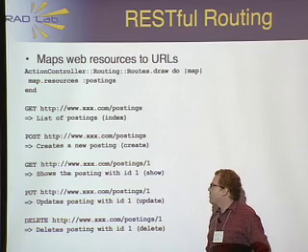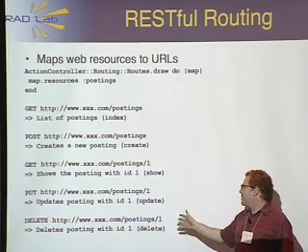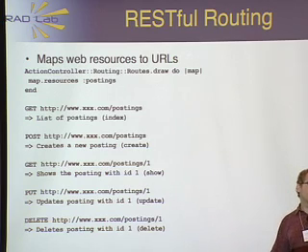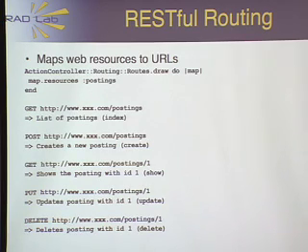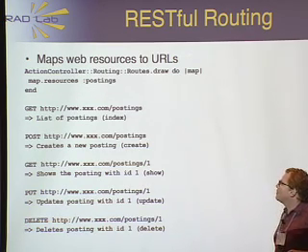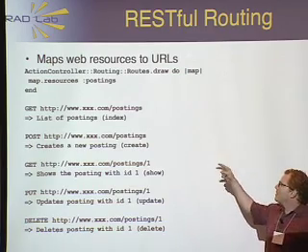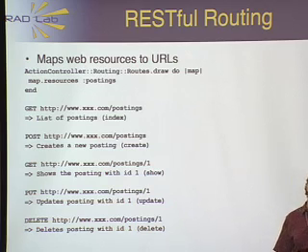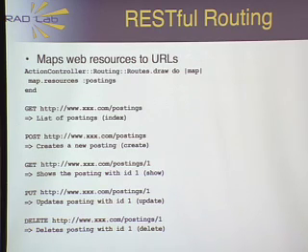You can post for create, and then delete is kind of a weird one because delete has to actually do a post. Most people don't even use this. I'd say 90% of the websites out there today use just these two operations, but HTTP actually has much more functionality than that. And Rails is trying to exploit that, mainly because when you do this, you get some really interesting abilities for system integration.